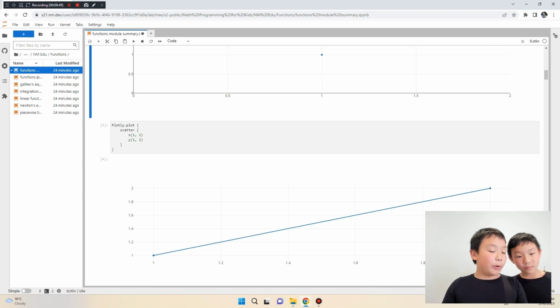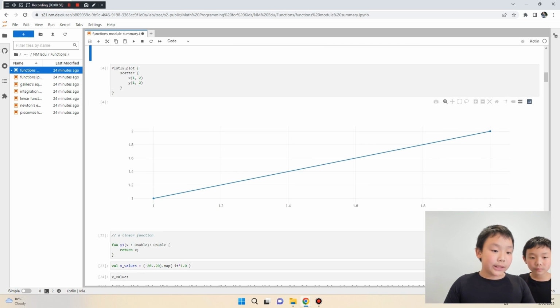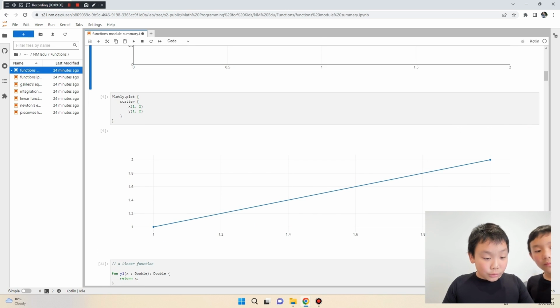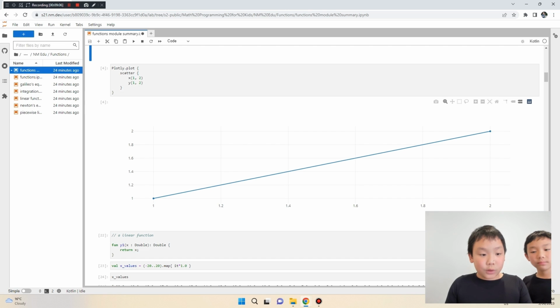If you have 2 points or above, you can make a line. A line is 2 or more points joined together by a line. So in this case, it is point 1 and 2. As you can see here, x1 and y1 is here, and then 2, it's like 2 and 2 here.